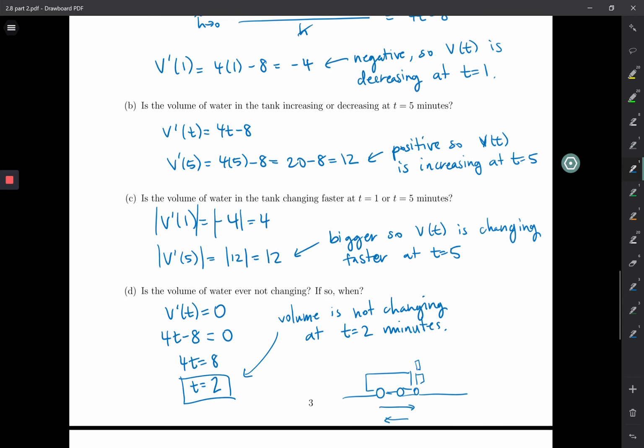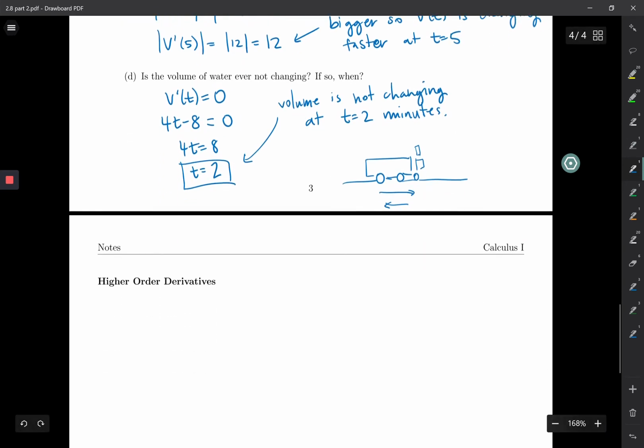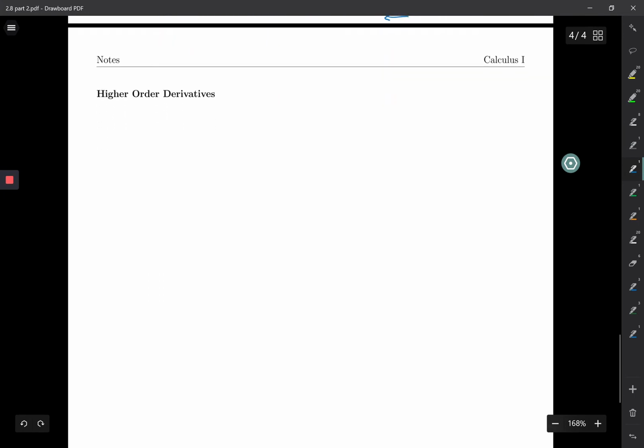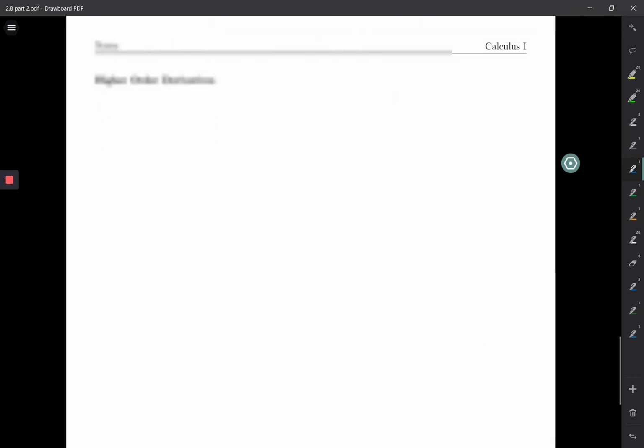Okay. Now there's one more thing we have to talk about, and that is higher order derivatives. So we've been talking about just a regular derivative, and we can take the derivative of a derivative, and so that gives us what we call a higher order derivative.